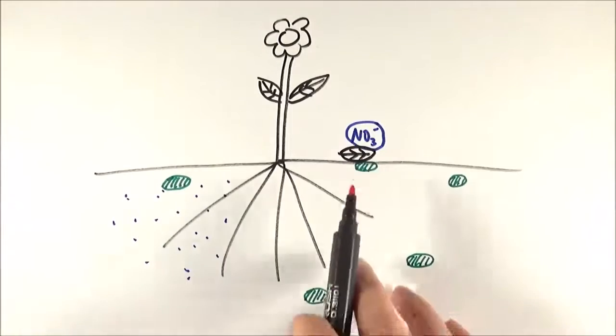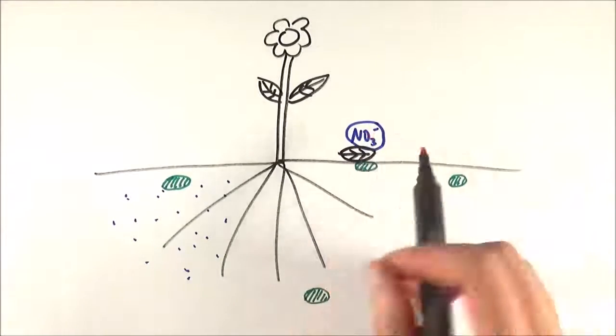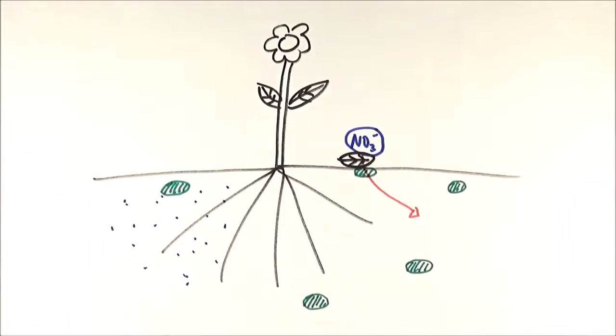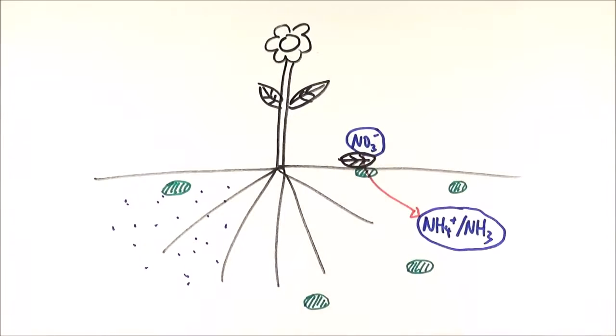What then happens is that these decomposers will break the nitrate ion further down to become ammonium ions, or ammonia indeed. And this reaction we mentioned earlier is called ammonification.